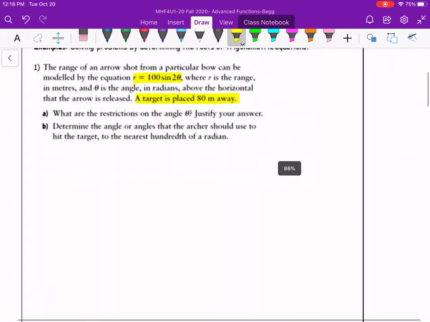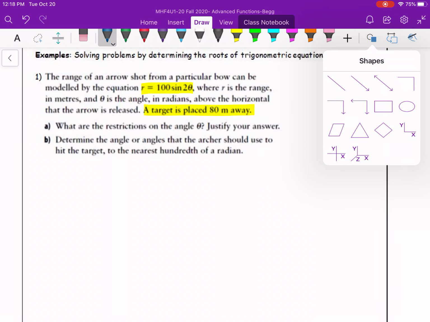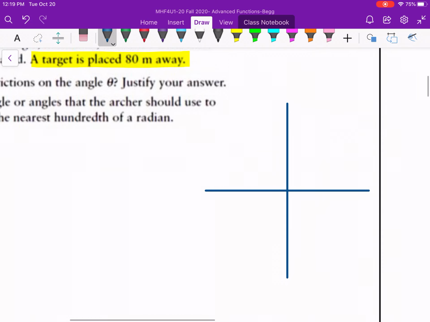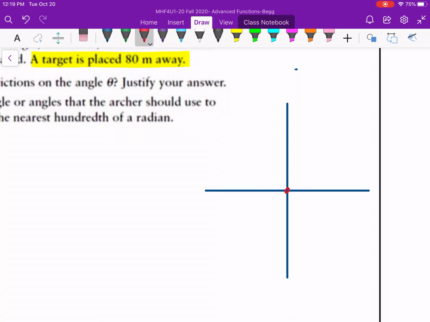Well, if we imagine a sketch, we have our archer at the origin, and the target somewhere in front of him. So archer, target.